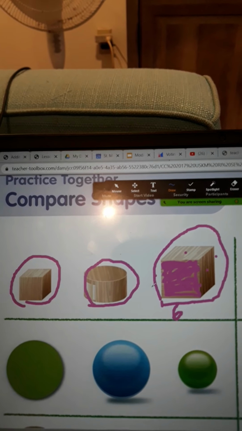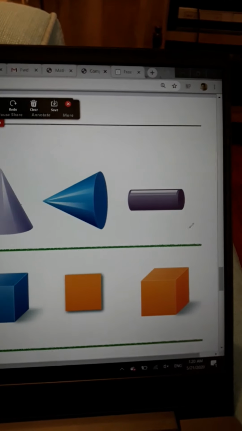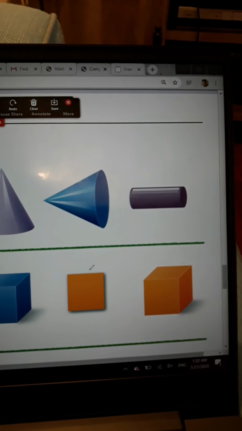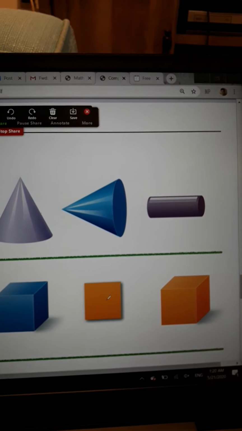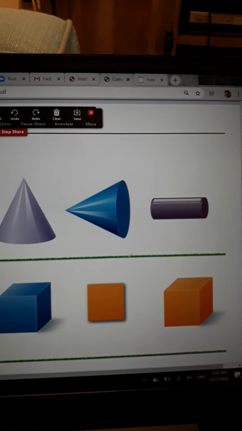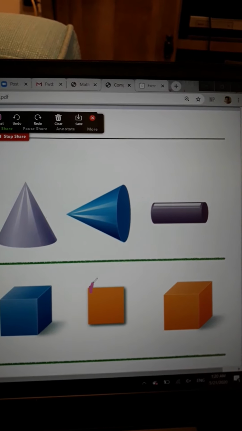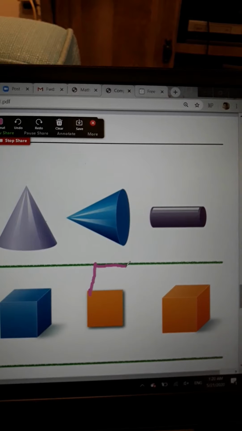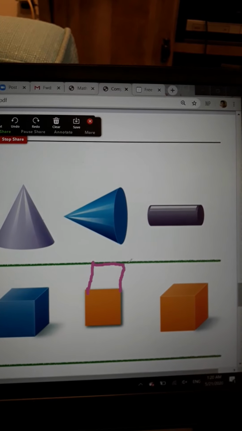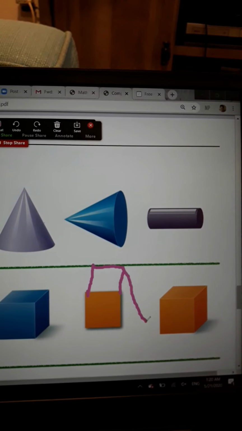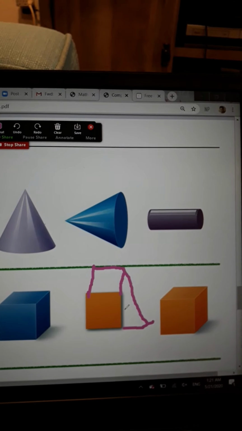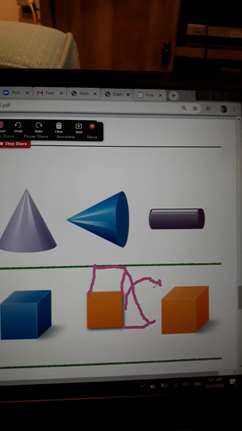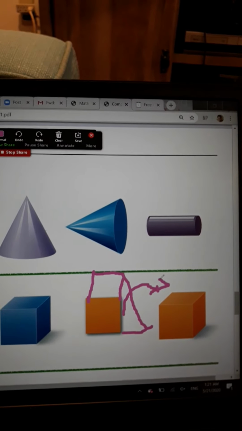Now I want to show you the flat side of the cube that makes it a flat shape, right here, this square by itself. This would be a flat shape. It's just a square. But when you give it another face, and then another face back here, and another face, then it becomes a cube, which makes it a solid shape.